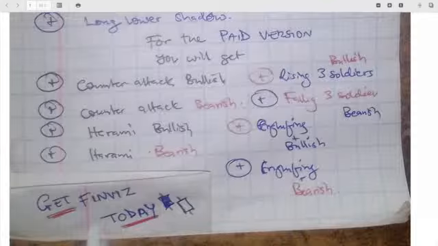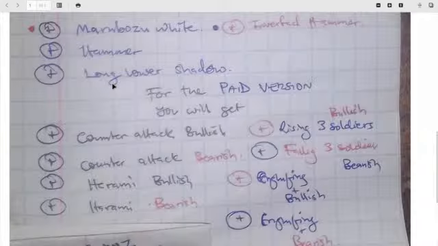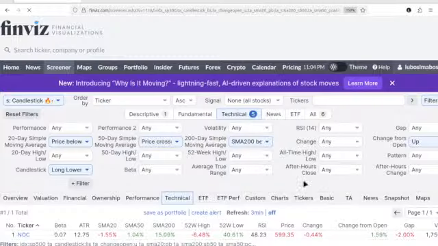But in this case, we used something called the long lower shadow. That's the one we used in this case, right? And it's right here, the long lower shadow right there.